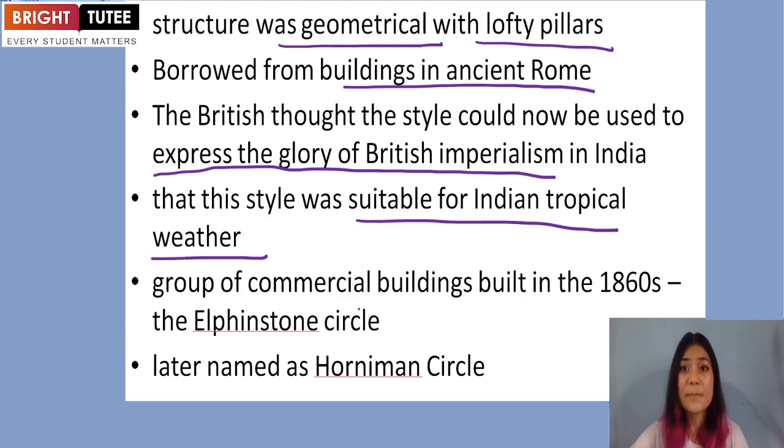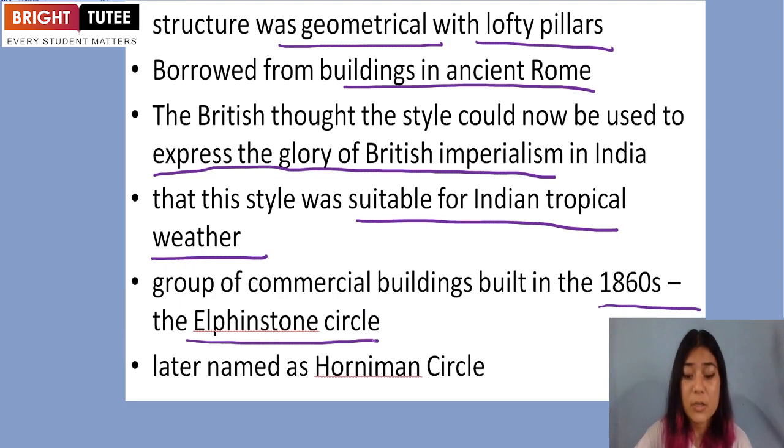Many buildings built in this style appeared in the 1860s, and one of them is the Elphinstone Circle. That's one of the examples, and this was later known as Horniman Circle.